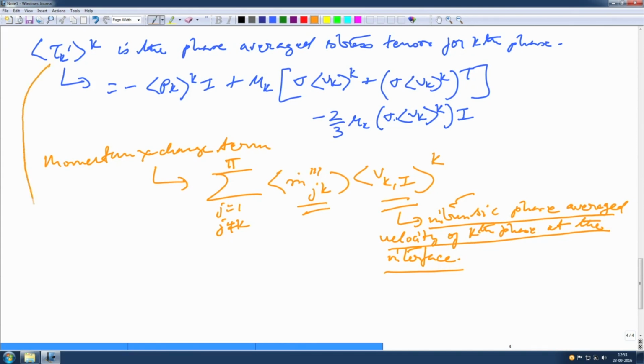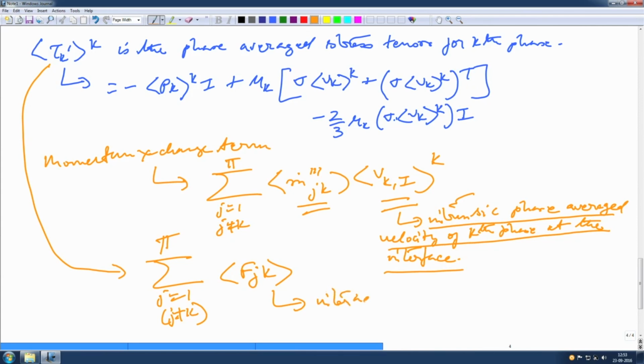This term, on the other hand, the interactive force term, can be represented by some kind of force expression, for j not equal to k, given by some kind of Fjk. What is Fjk? This is the interactive force between the jth and kth phase.